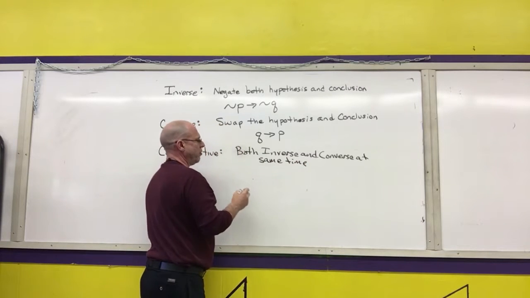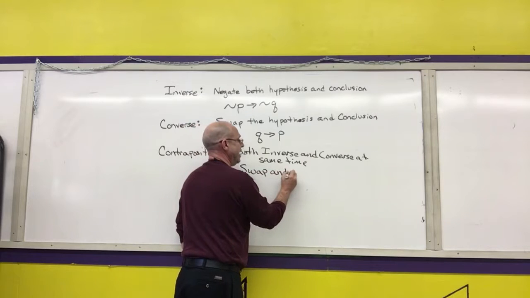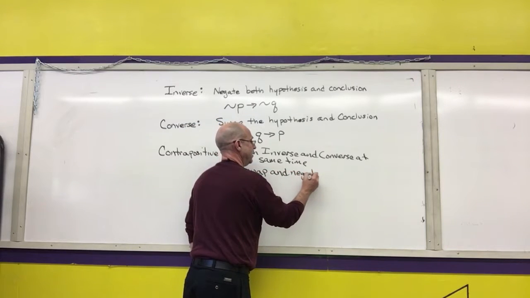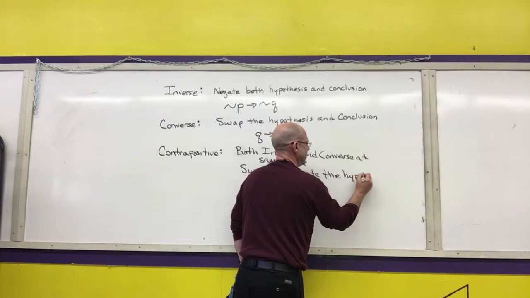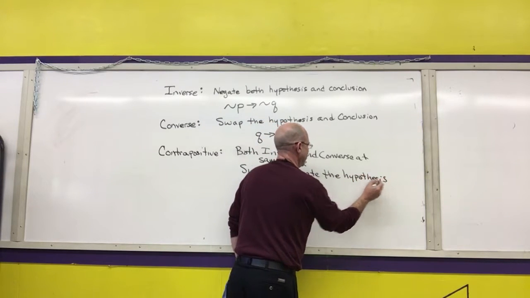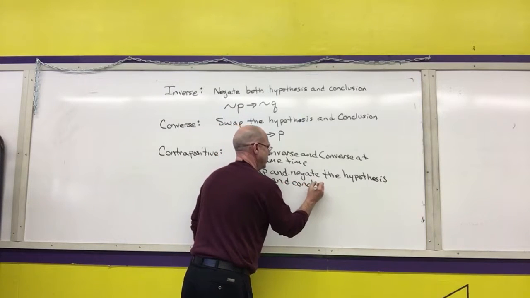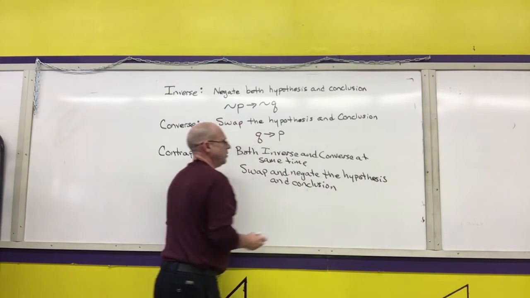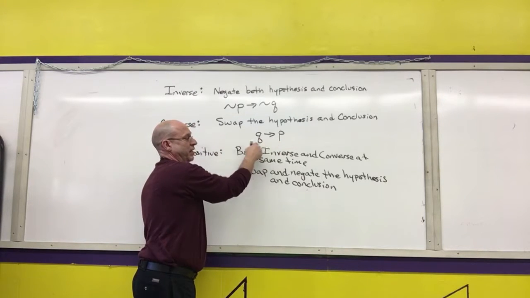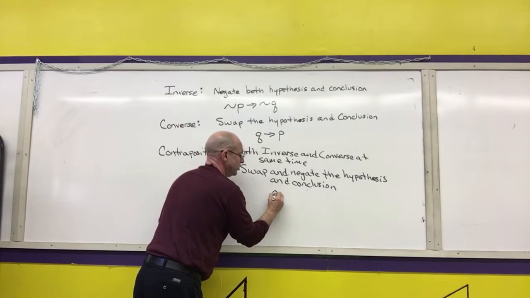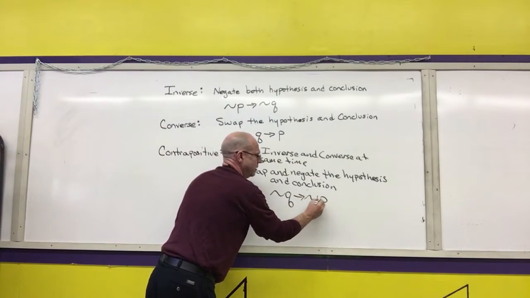So in essence, what you are going to do is swap and negate the hypothesis and conclusion. The way that would be written in math shorthand is I want to swap, so that's that part, and then I'm going to negate both of these. So I'd write not Q implies not P.